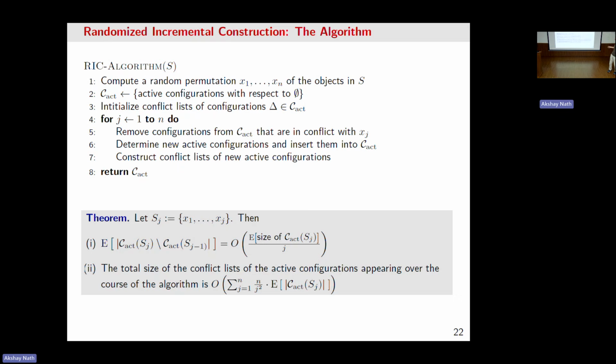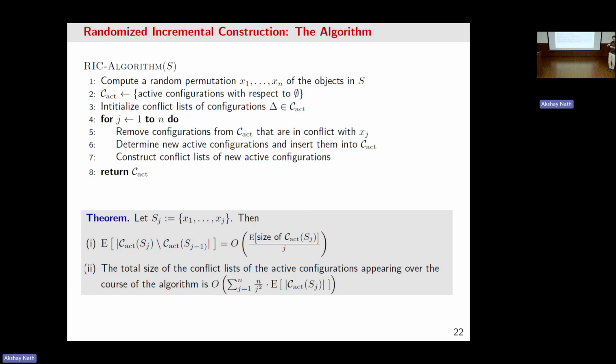Let's start again. We've seen the algorithm, the abstract algorithm. We're trying to compute configurations that are active. We're adding things one by one. We find out which configurations we have to delete, the ones that are no longer active.